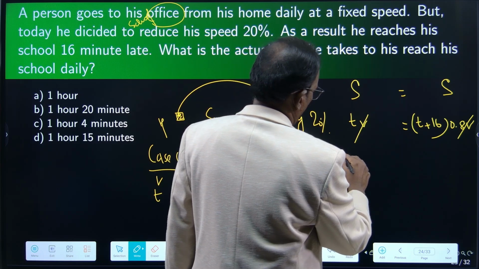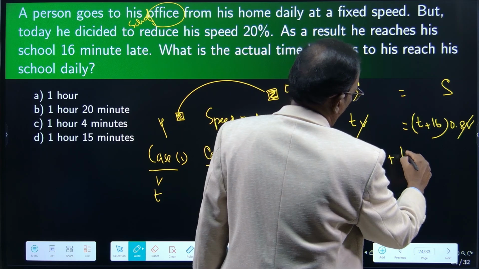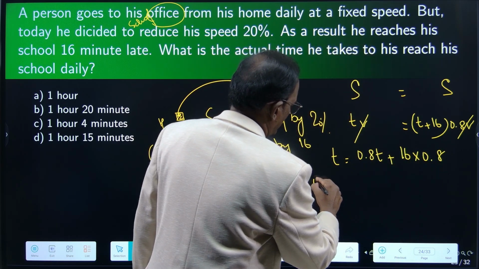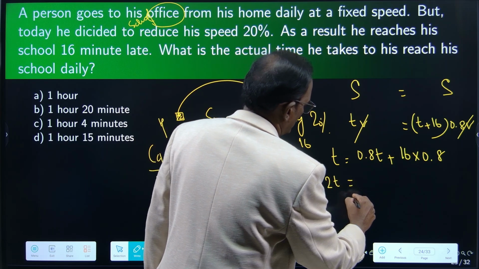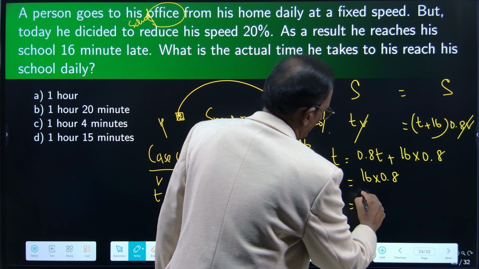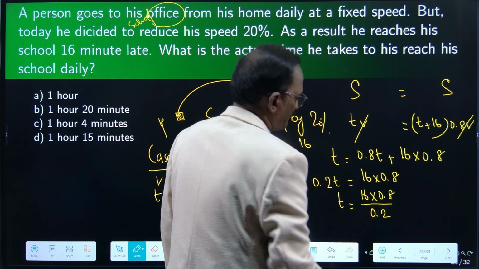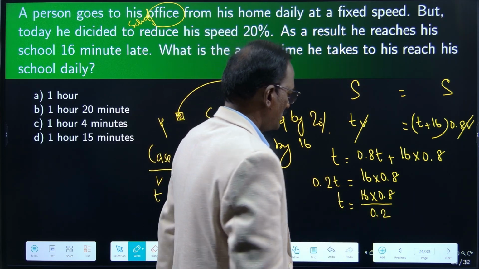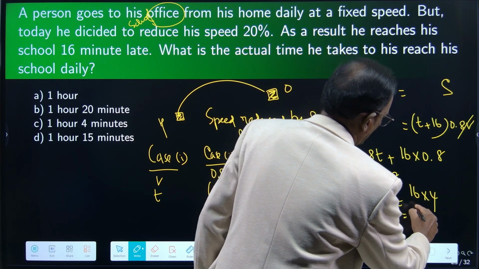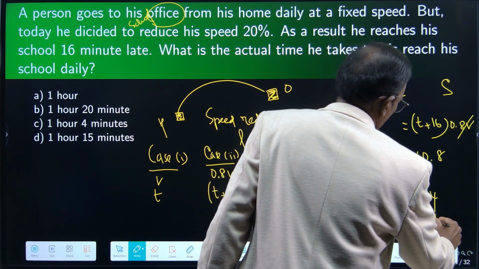So t is equal to 0.8 times t plus 16 into 0.8. 0.8t is taken this side, so this is 0.2t. 16 into 0.8. t is equal to 16 into 0.8 divided by 0.2. 0.8 by 0.2 is 4. So this is nothing but 16 into 4, which is 64 minutes, right? Everything is in minutes.